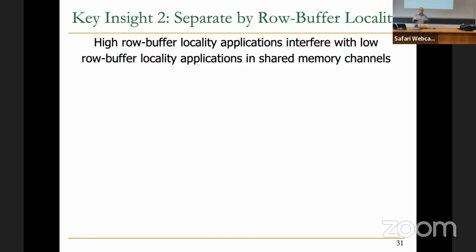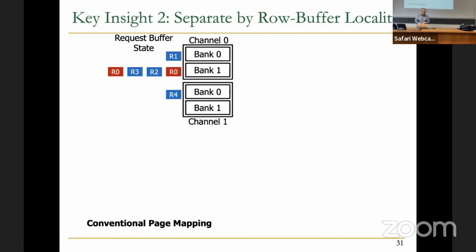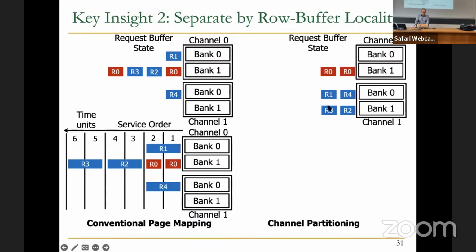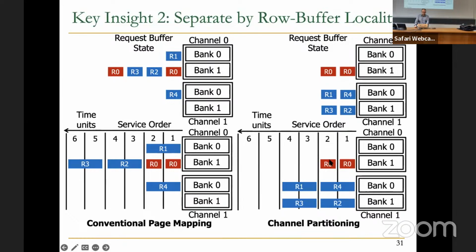If you mix these two applications in the same channel or the same bank, it's going to be a mess, right? It's clear that if you partition these two applications nicely, the red application has quite good row buffer locality, but the blue application doesn't. So for blue requests, you need to wait more because you don't have row buffer locality, but at the same time, you don't need to wait that much for the red application, and you can benefit from the quite good row buffer locality that it has.